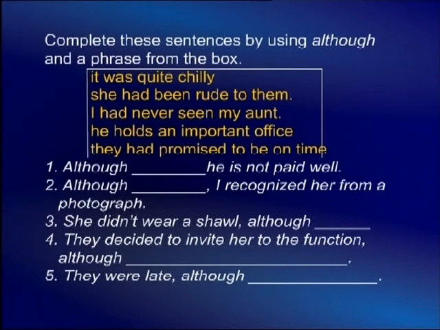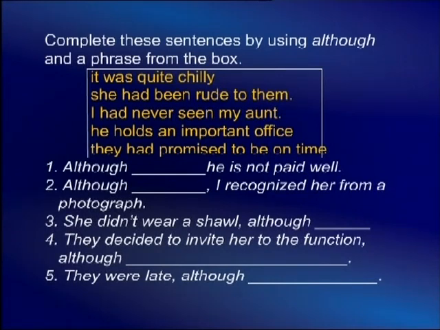Take the first one. Although dash, he is not paid well. So from the phrases given in the box, which one would be appropriate? And over there it would be the phrase, he holds an important office. Although he holds an important office, he is not paid well.